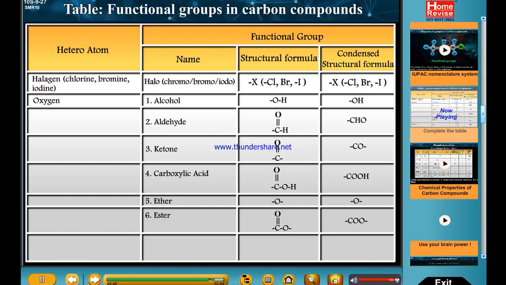The heteroatom is nitrogen. The functional group is amines. Its structural formula is N single bond H single bond H. Its condensed structural formula is NH2.